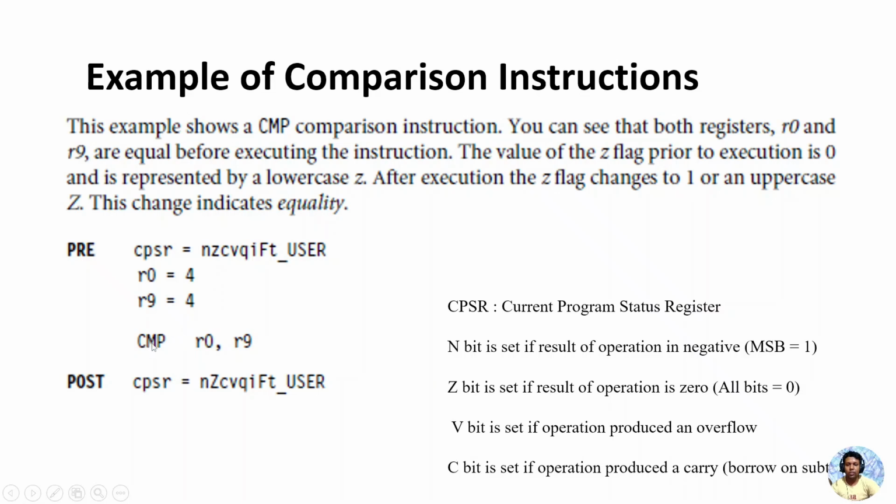In CMP R0, R9, R0 is the destination, R9 is the source. In the post, after execution, the z flag changes to 1, or an uppercase Z. This change indicates equality.